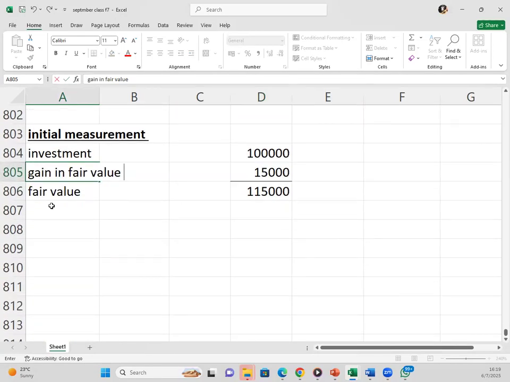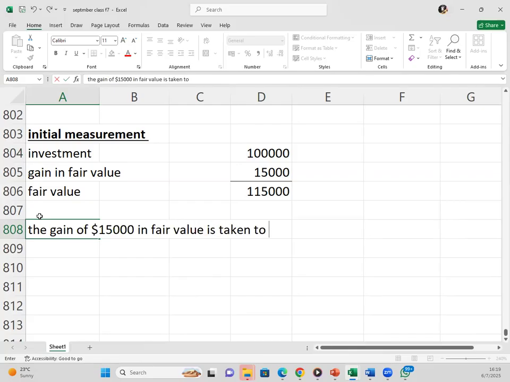So this gain of 15,000 in fair value is taken to profit and loss as an income. If it was a loss, we would take it as an expense.